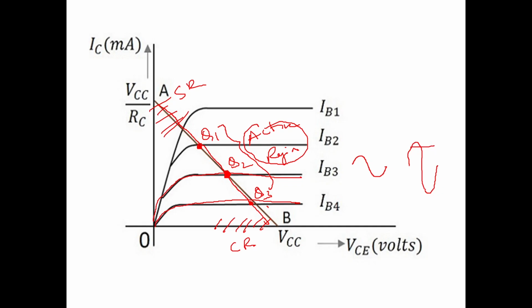So this DC voltage will ensure that the applied input AC signal is properly amplified and the waveform shape remains the same at the output. That is why the operating point Q is important.